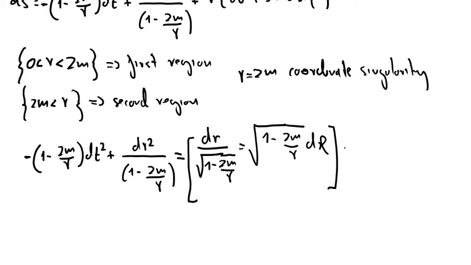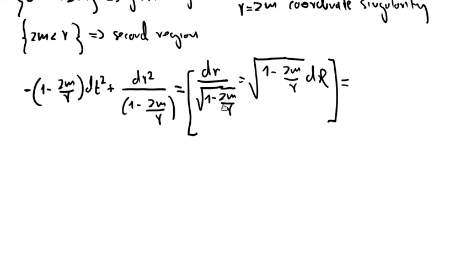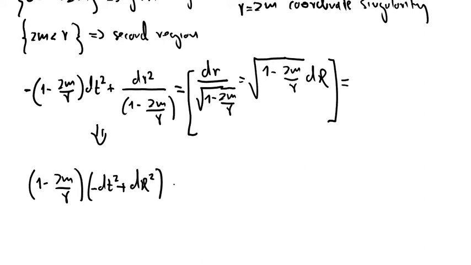By doing this coordinate transformation, we get an explicitly conformally flat metric, but one has to find the explicit relation between big R and small r. So this is just an integral.